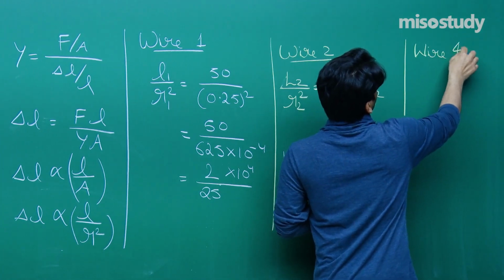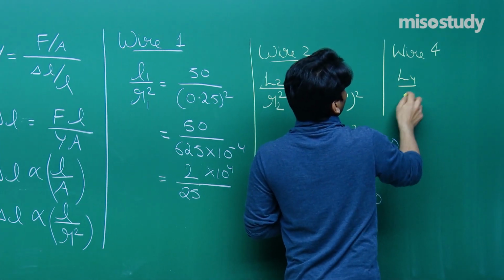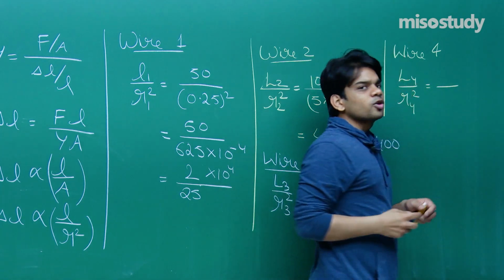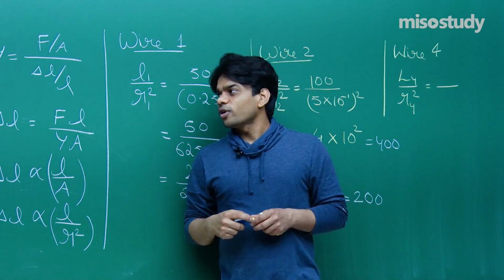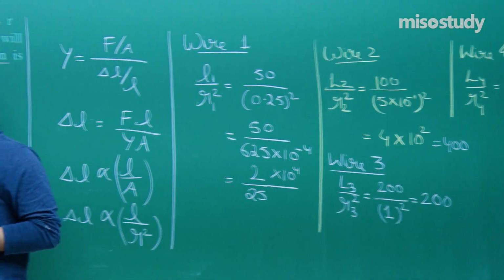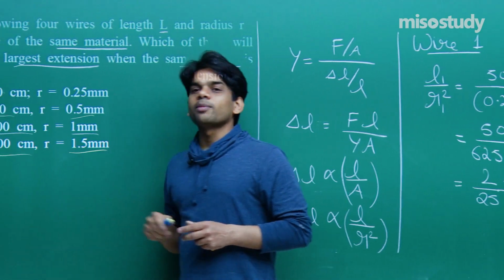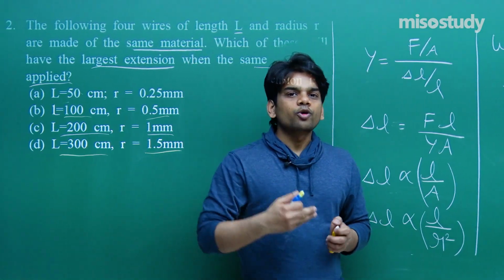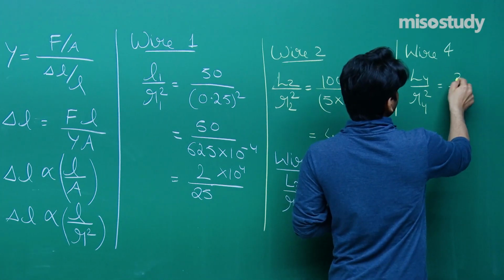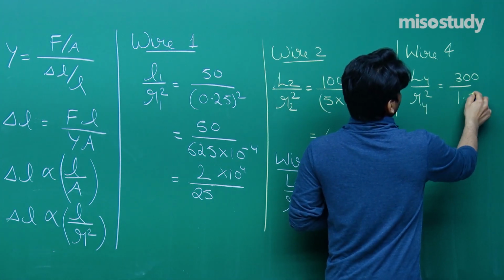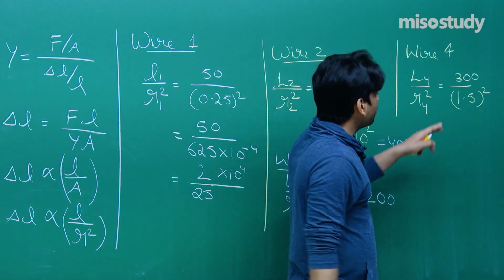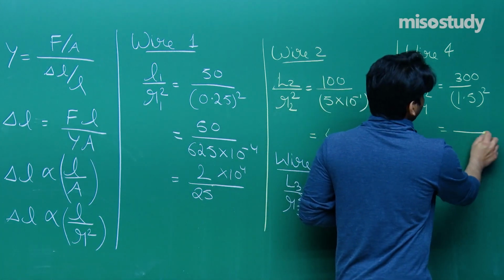Fourth wire, again L4 divided by R4 whole square. Let's quickly check the data for wire 4. Length is given as 300 centimeter, that you can easily observe, and 1.5 mm is the radius. Let's quickly solve it. 300 divided by 1.5 whole square. Now 1.5, you can write as 15 into 10 to the power minus 1.